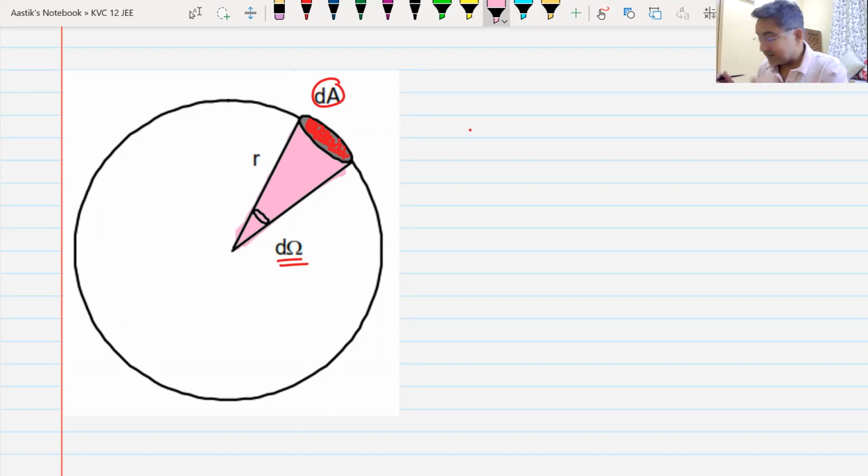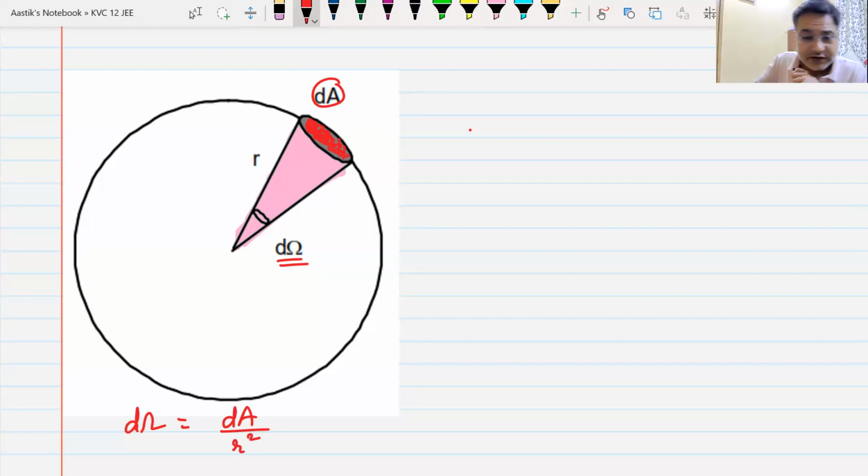So this solid angle is represented by d omega, and the SI unit is steradian. It's not radian, it is steradian. d omega is dA divided by radius square, if it is a part of a sphere.